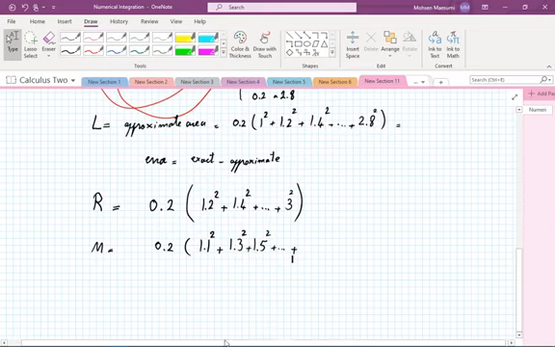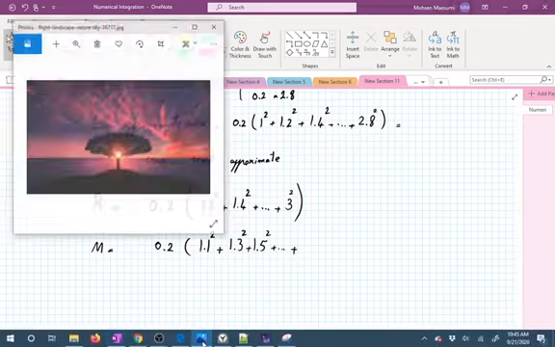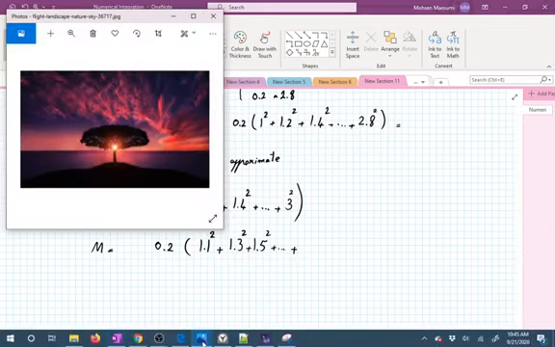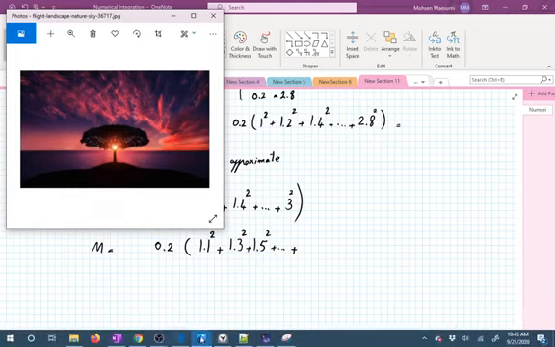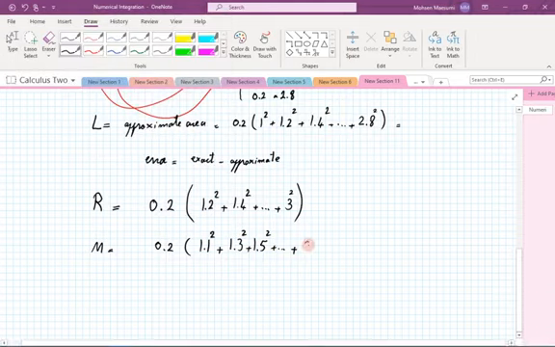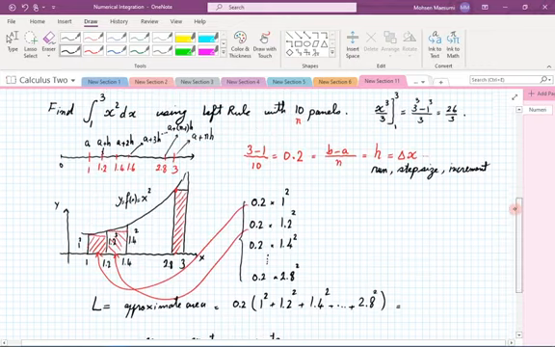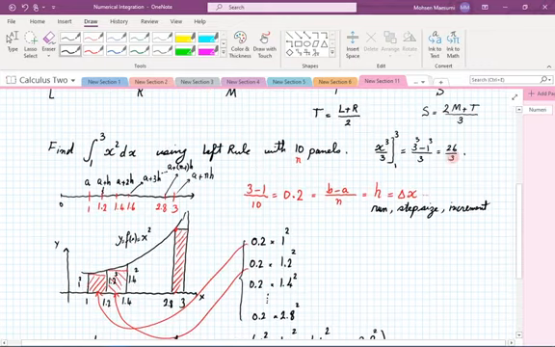Let me pause this for a moment and push you to tell me what's the last height we are going to write here. The last height is going to be, of course, 2.9 squared. Now, I encourage you to find these three answers and check to see which one of them is closer to the exact answer.